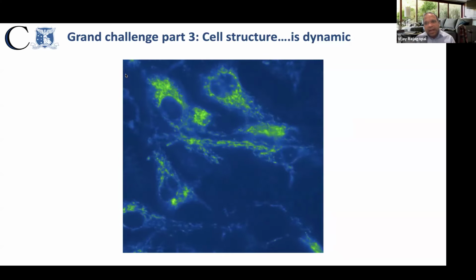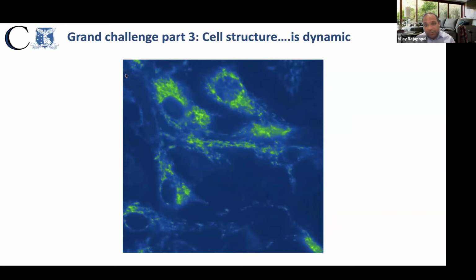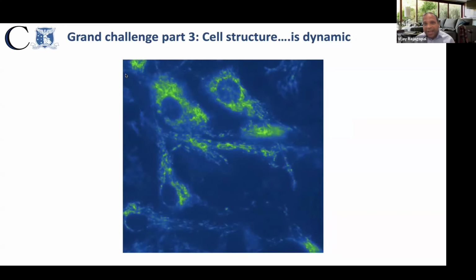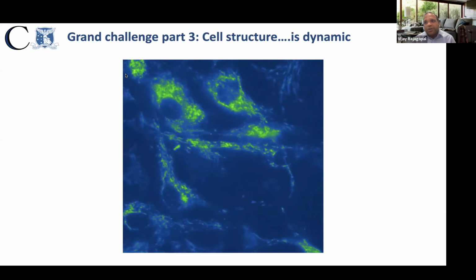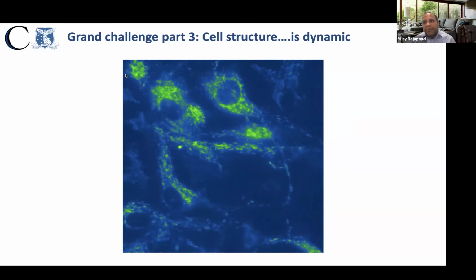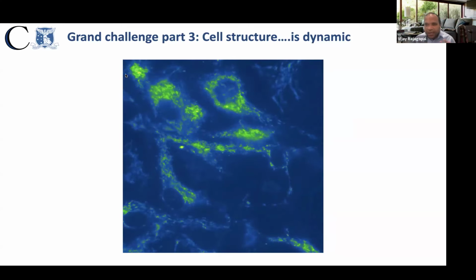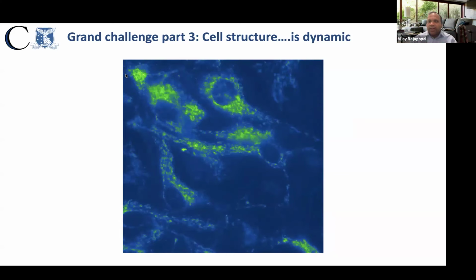And what you're seeing are these green lozenges, which are mitochondria moving around as cells are migrating on a 2D surface. If you're going to study the cell in its full physiological characteristics, you have to capture cellular structure dynamics as much as just where it is at any given moment in time.